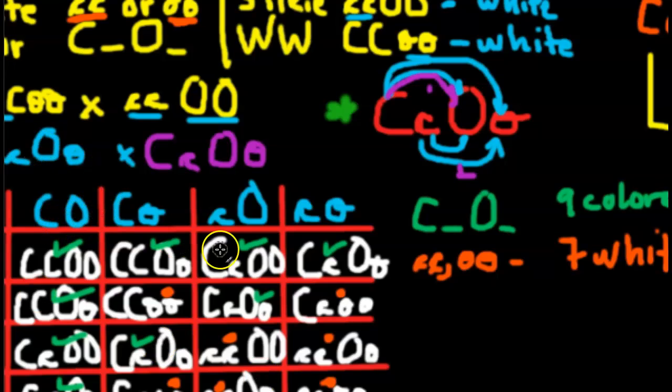Big C, big O. First with the last. So outer with outer. Here we go. So again, we're following FOIL. First with first, then the outers, then the inners, and then the last.